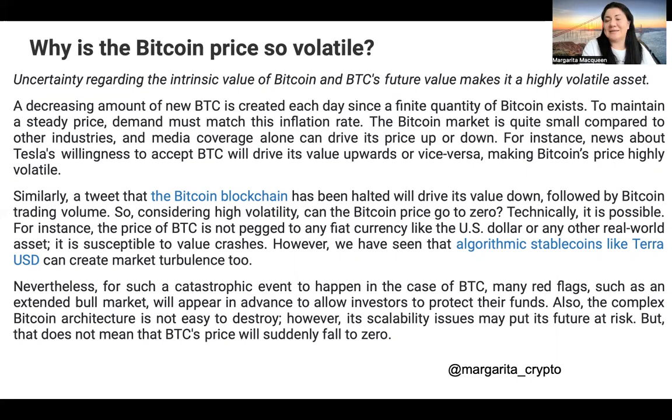For instance, news about Tesla's willingness to accept Bitcoin will drive its value upwards, or vice versa. When he said that he is no longer accepting Bitcoin, he could accept shitcoin because of some bullshit he said. Oh, because of miners, of the Ethereum network, it's caused damage to our planet.